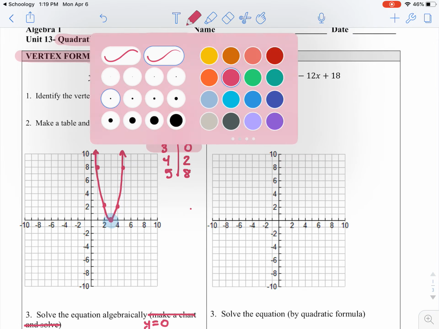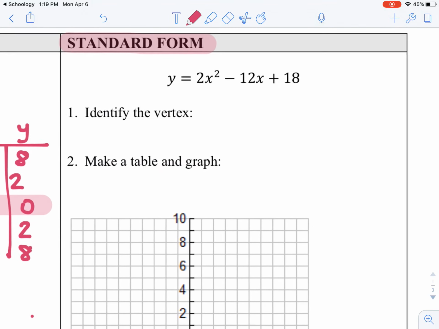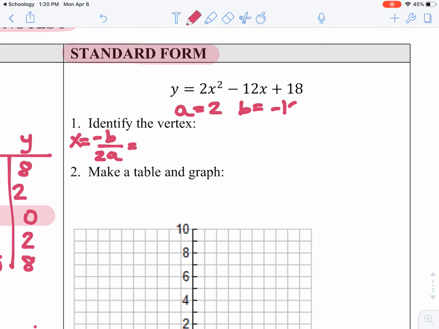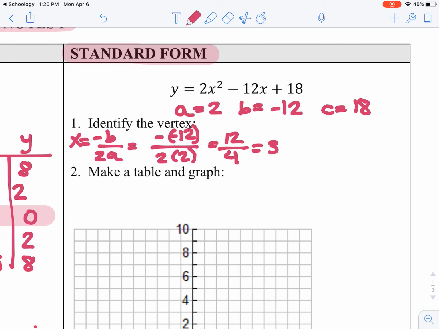Now if we look at standard form, to identify the vertex, first I have to find my axis of symmetry: x equals negative b over 2a. Let's say a is 2, b is negative 12, and c is 18. So we have negative 12 over 2 times 2, so 12 over 4, which equals 3.